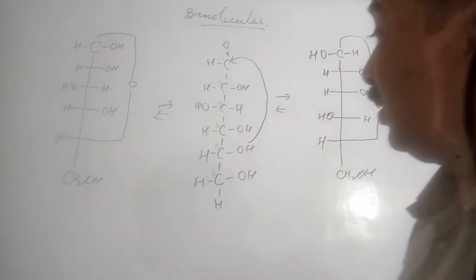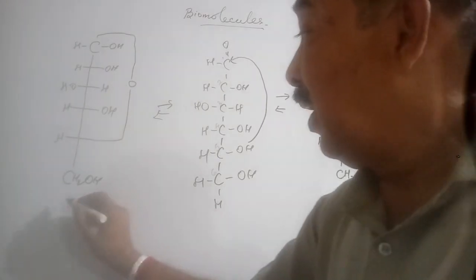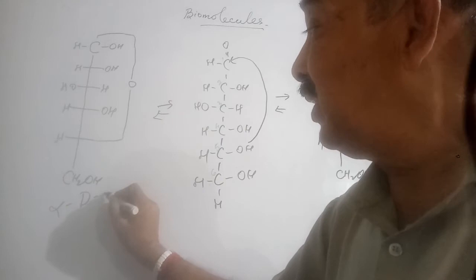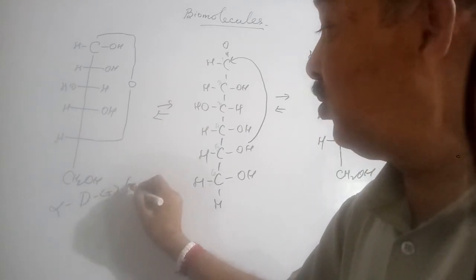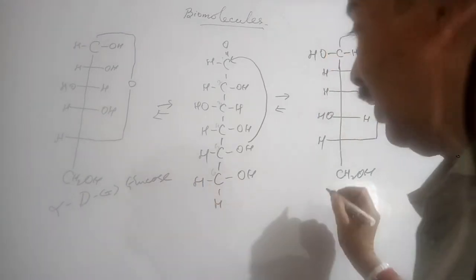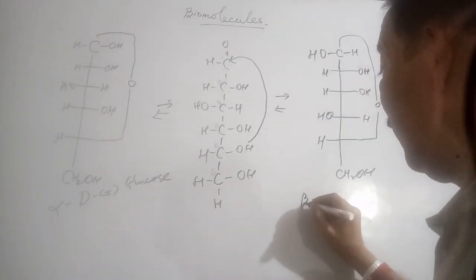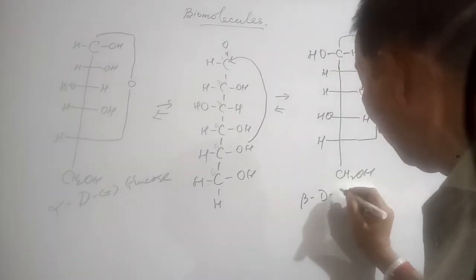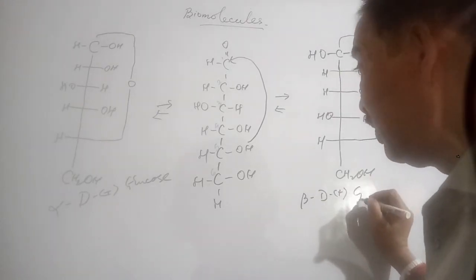So this one is known as alpha D plus glucose, and this one is named beta D plus glucose.